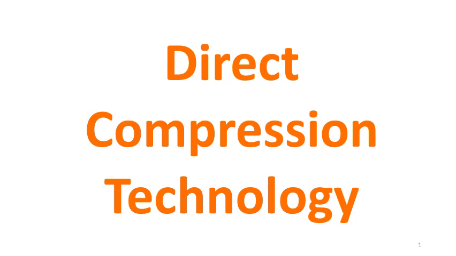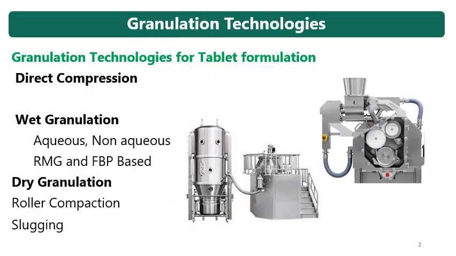As the DC process, that is direct compression process, saves the time and production cost, and some advantages and disadvantages are there, some limitations are there for direct compression technology. We will see the direct compression method or process in detail in this video.